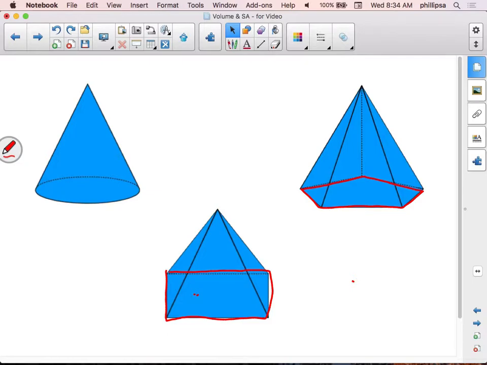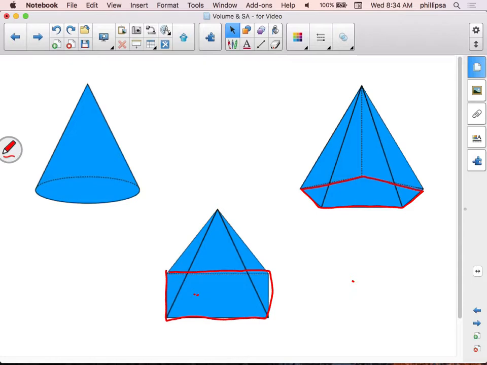There's a triangular pyramid, which would have one triangular base. Again, pyramids are also named off of their bases. So whatever shape the base is, that's how it reads what type of pyramid it is. With the cone being a slight exception to that, but your rectangular pyramid has a rectangular base and so on.